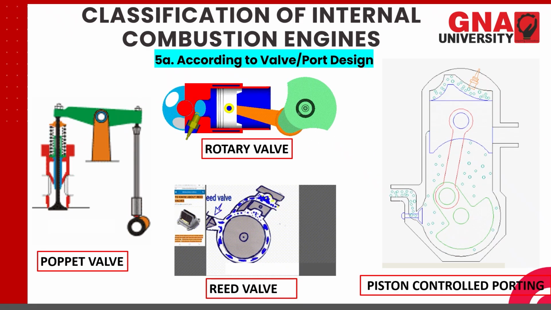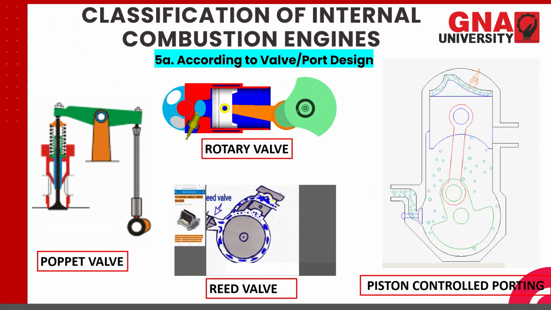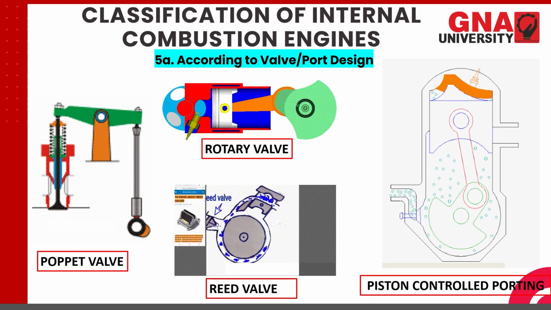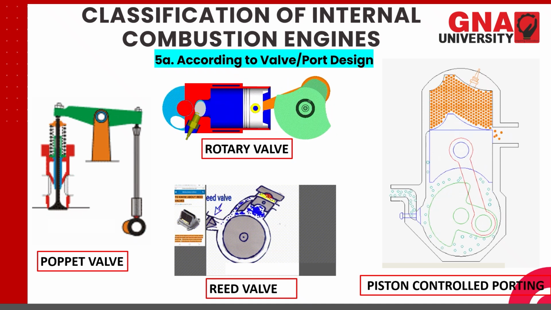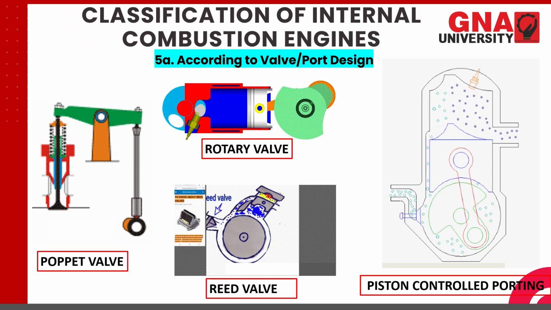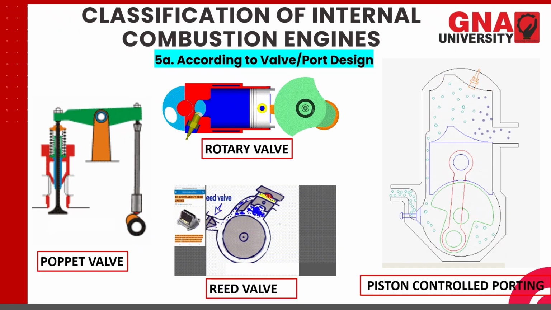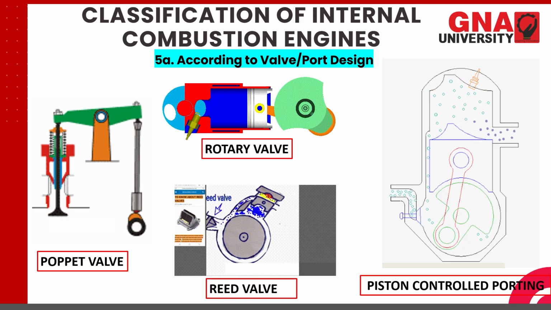The reed valve is used in the two-stroke engine, wherein the inlet charge comes from the outer atmosphere into the crankcase, and from the crankcase it is transferred through the transfer port into the cylinder. So you can see this reed valve. The opening of the valve is the opening of these flaps on the side of the valve.